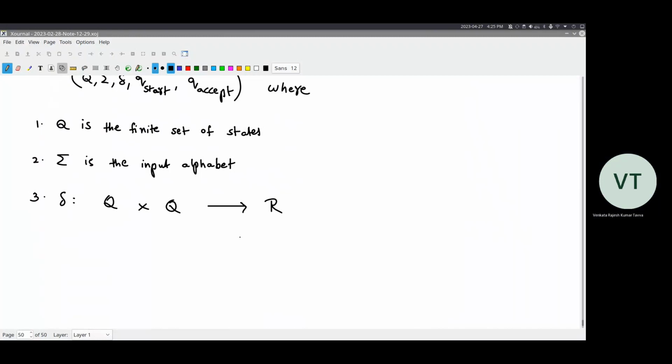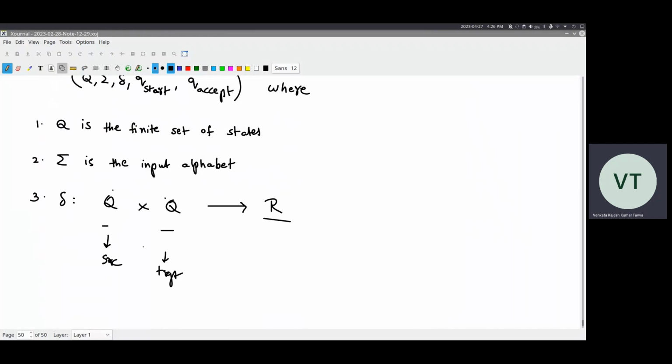Yes, exactly. So this Q cross Q is telling me the first element is the source, the second element is the target. Between this source and this target, you have an arrow on which you will get a regular expression. But in the source, can all the states be the source? All the states can be source except the accept state. You can't have an outgoing arrow from the accept state. Similarly, all the states can be target except the start state.